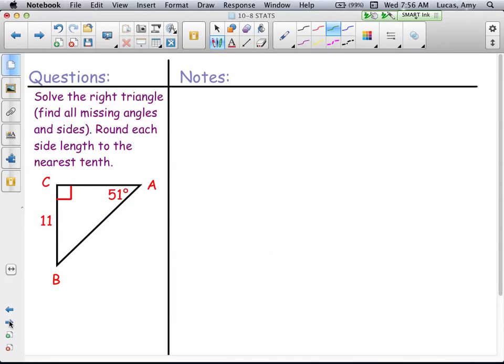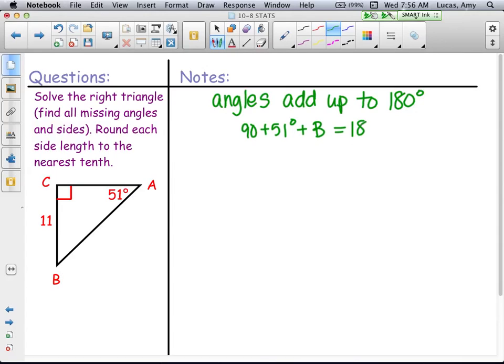Now, this problem says solve the right triangle, and it says find all of the missing angles and sides. Remember that all of the angles have to add up to 180 degrees. So, if I've got 90 and 51, and then B has to add up to 180 degrees.